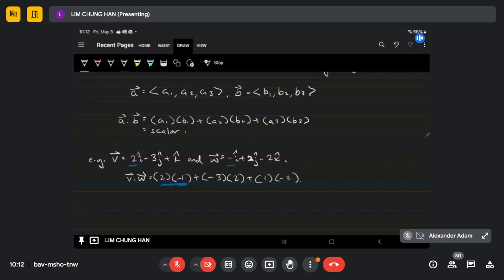I'll underline for you. The first one is 2 times negative 1. The second term is negative 3 times positive 2. And then the third is 1 times negative 2.